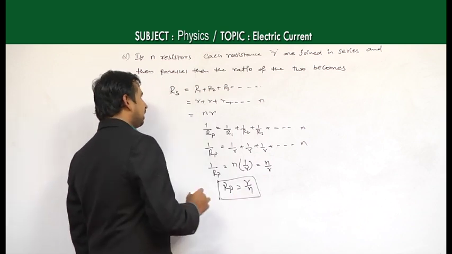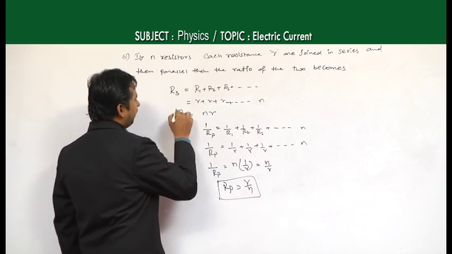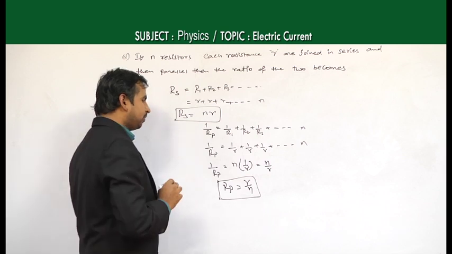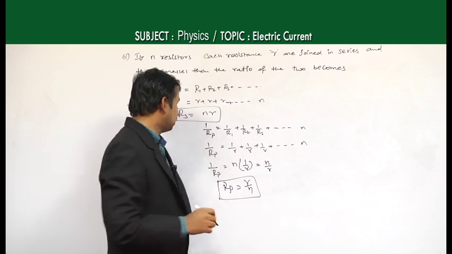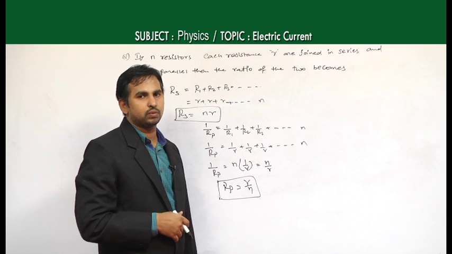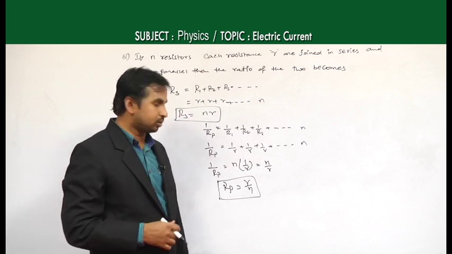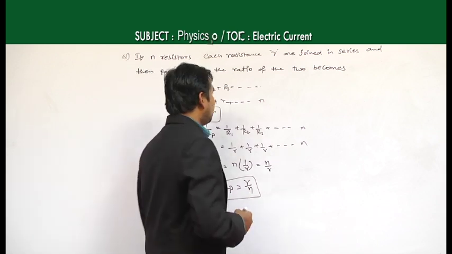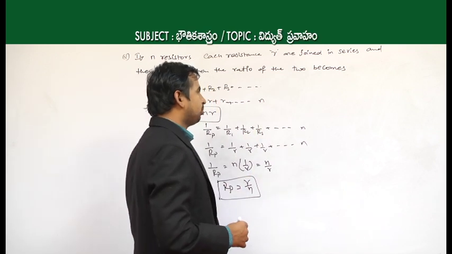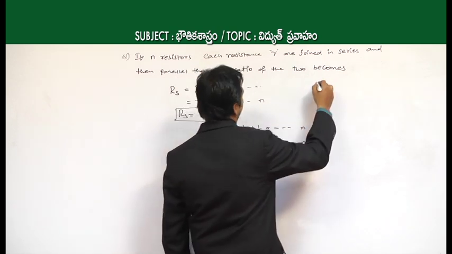Now, we got the Rs value which is nR, whereas the Rp value is R by n. Rs means the resistance when connected in series, and Rp means the resistance when connected in parallel. Now, the question is about finding the ratio between the Rs and Rp values.